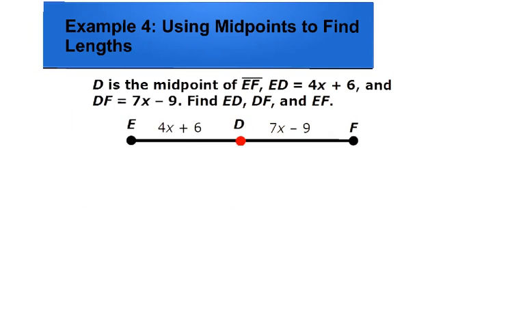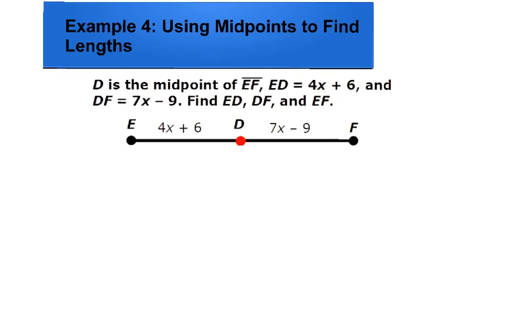Okay, so here we have D as our midpoint of EF. So we have measurements 4x plus 6 for ED and 7x minus 9 for DF.